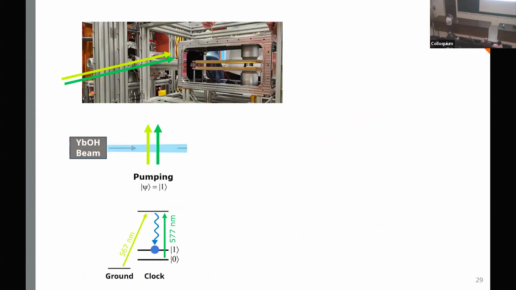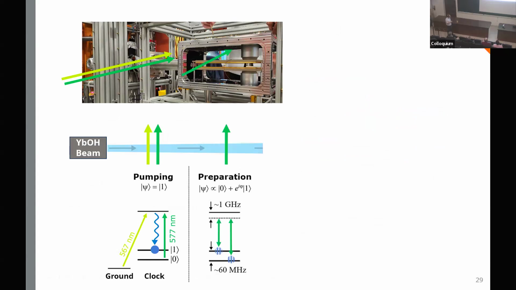What we do in the lab to study these is we take our YbOH beam, a cryogenic molecular beam, and we send it down some beamline containing electric and magnetic fields and a lot of laser access. So we optically pump the molecules into one of these two clock states that we want to characterize. We do a coherent 2-photon pulse to make a superposition of these two states.